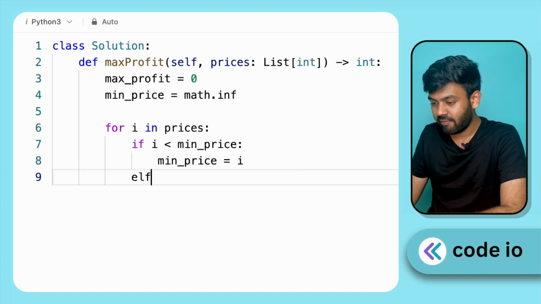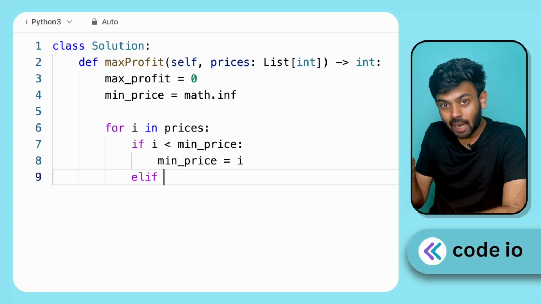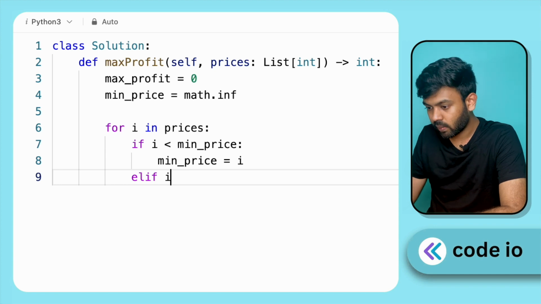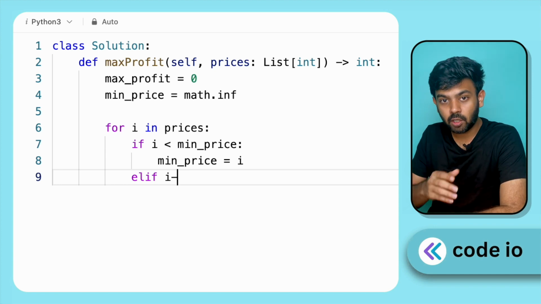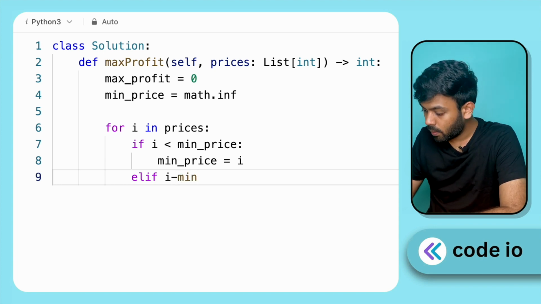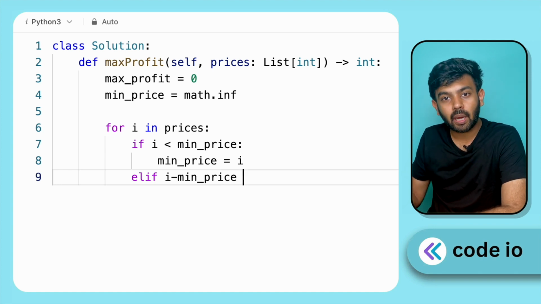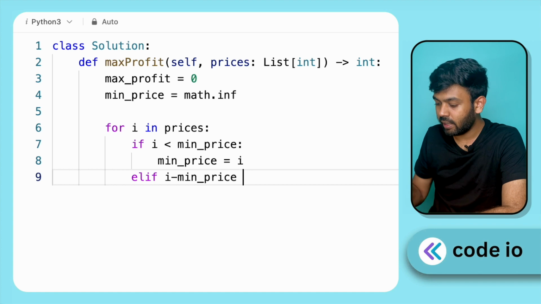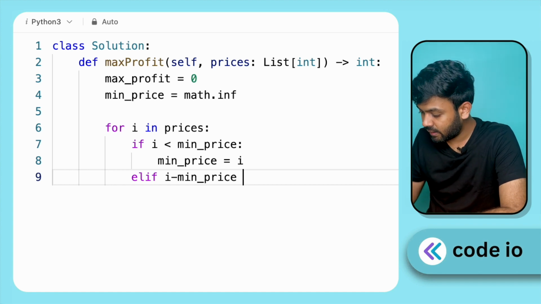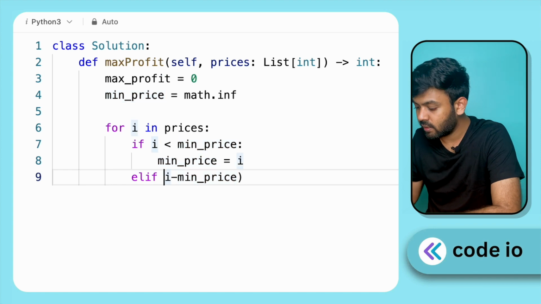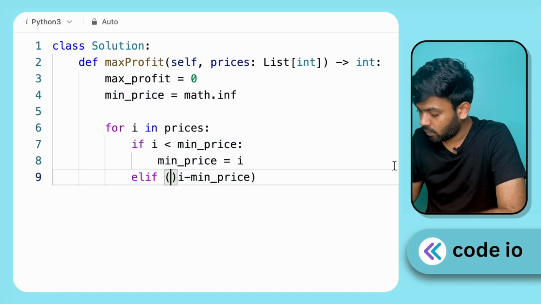So else, you are going to calculate the profit right now. So i minus min price, your current price minus your min price. Let me have this inside parentheses.